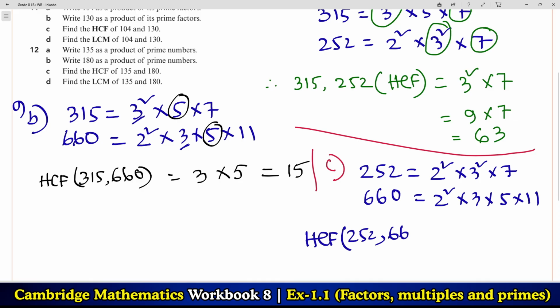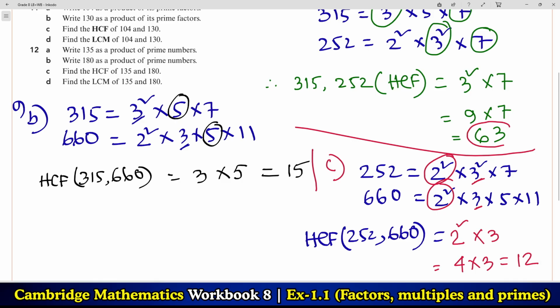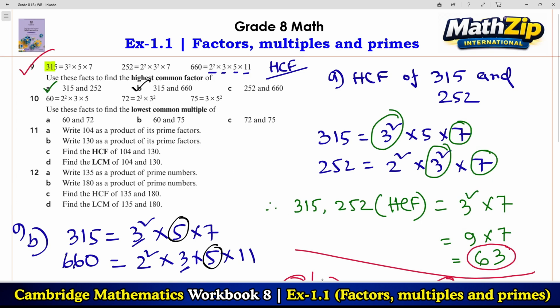First we find the common factors. Here is 2 square, here is also 2 square. Here is 3 square and here is 3, so 3 is common. So 2 square means 4, times 3, the result is 12. So part A result is 63, part B is 15, and part C is 12. So question 9 is done.